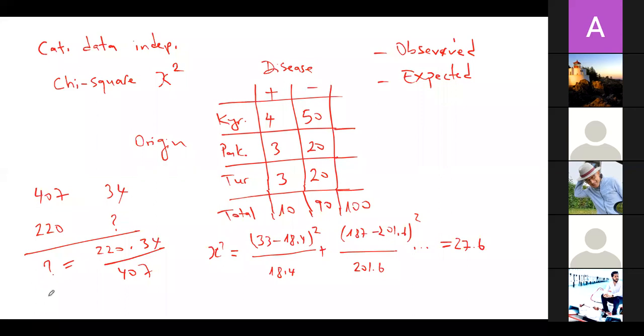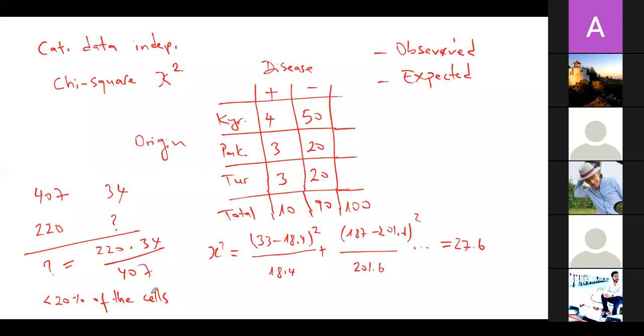Less than 20% of the cells. What are the cells? These are the cells. Cell number 1, 2, 3, 4, 5, 6. I have 6 cells here because there are 2 possible outcomes and 3 categories.